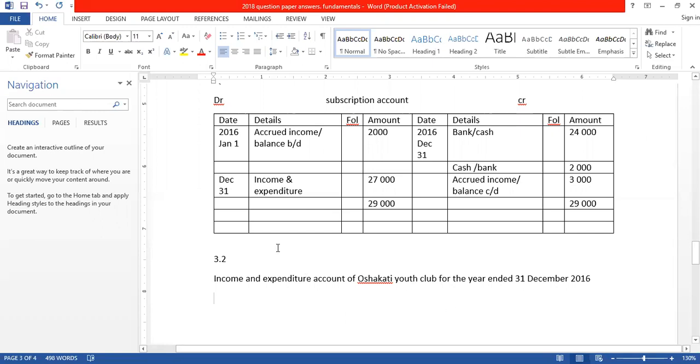Now that we are done with the title, we have to draw up the statement.